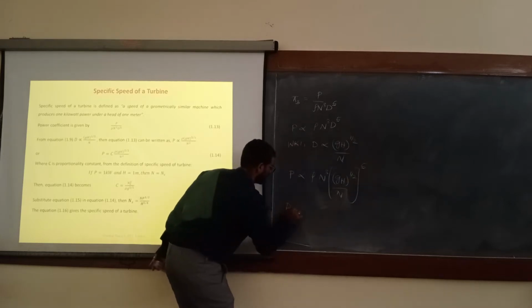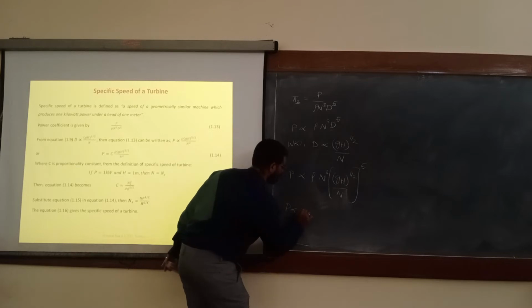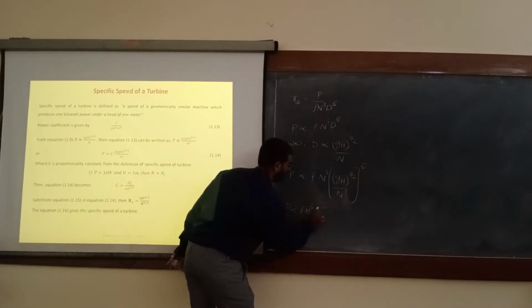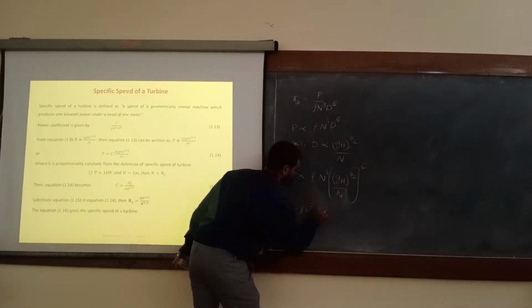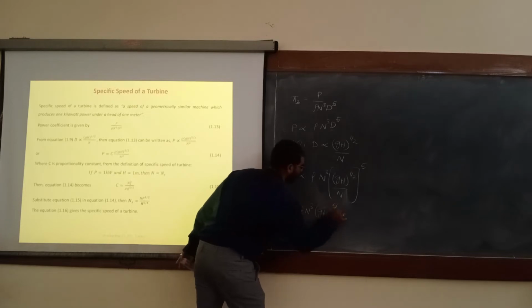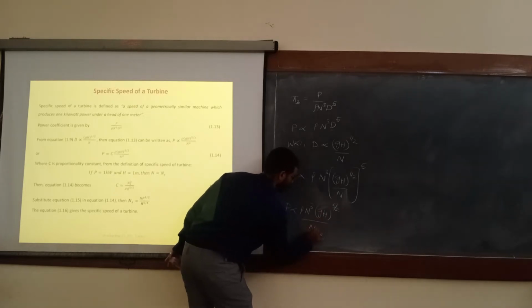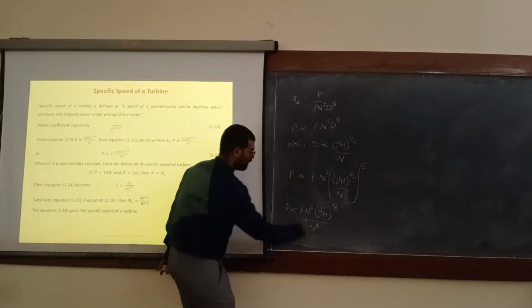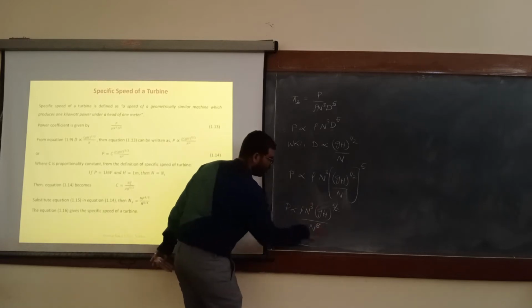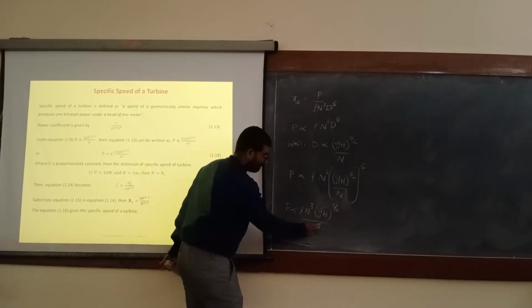So P is directly proportional to rho n cube (gH) to the power of 5 by 2 divided by n to the power of 5. Here n cube gets cancelled with n to the power of 5.